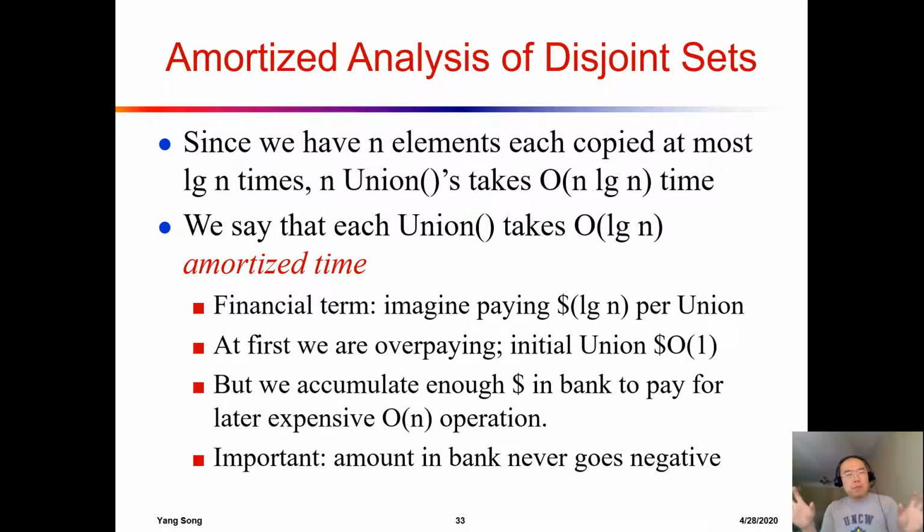When we are doing one union, at least we are moving one item to another set, so it sounds like that should be constant time, O(1). But why is it O(log n)? Well, because this is similar to an amortized process. At the beginning, we are paying a price, and however, the first price multiplied by n is not the total price you pay.